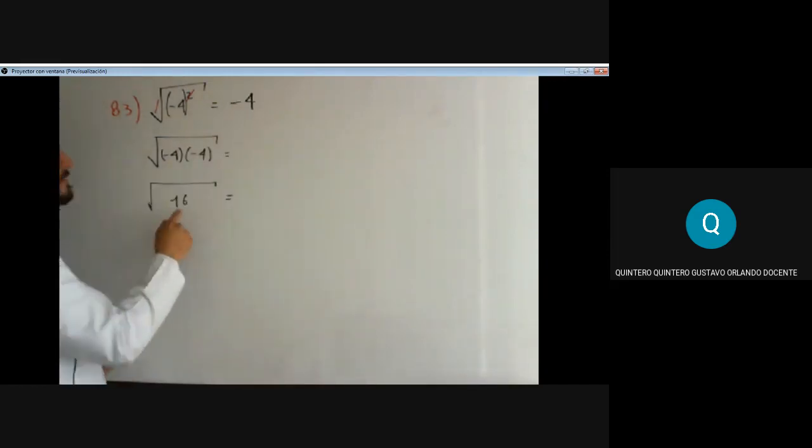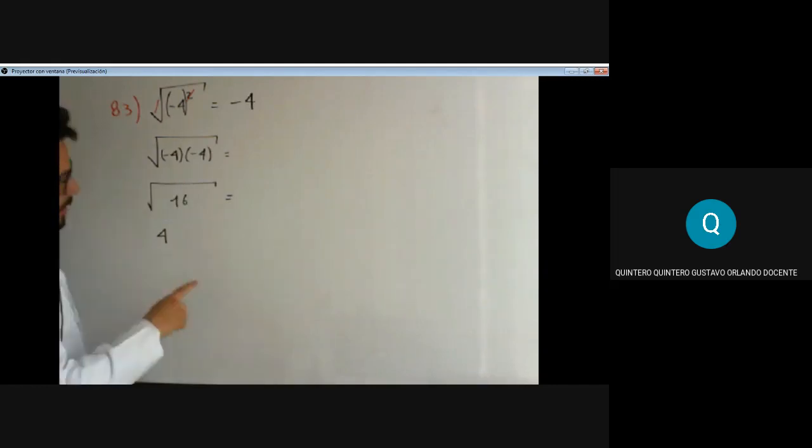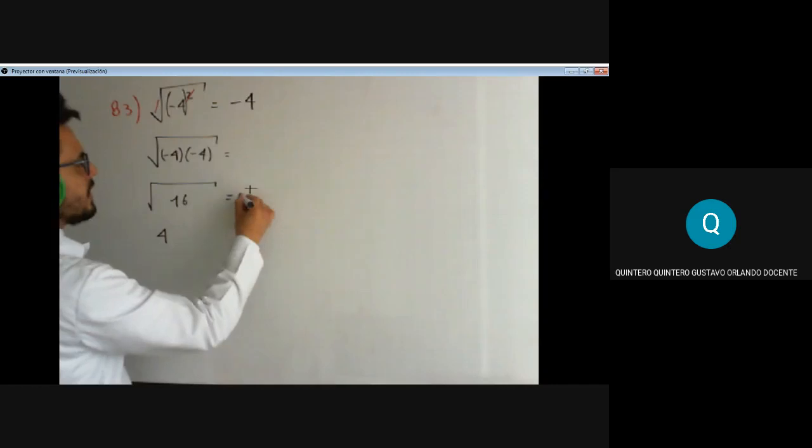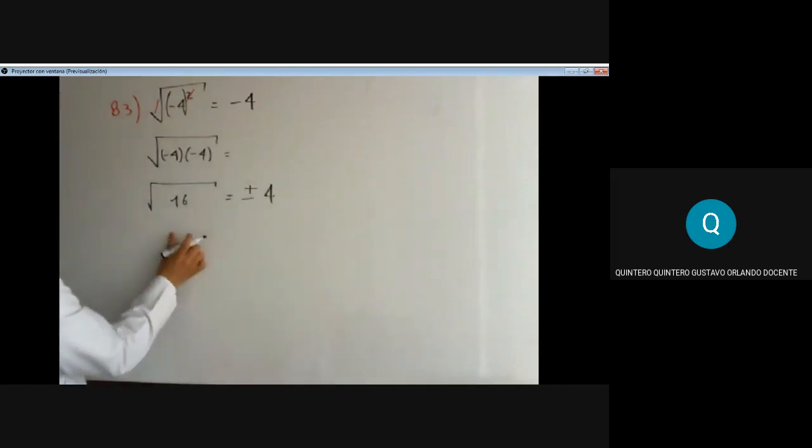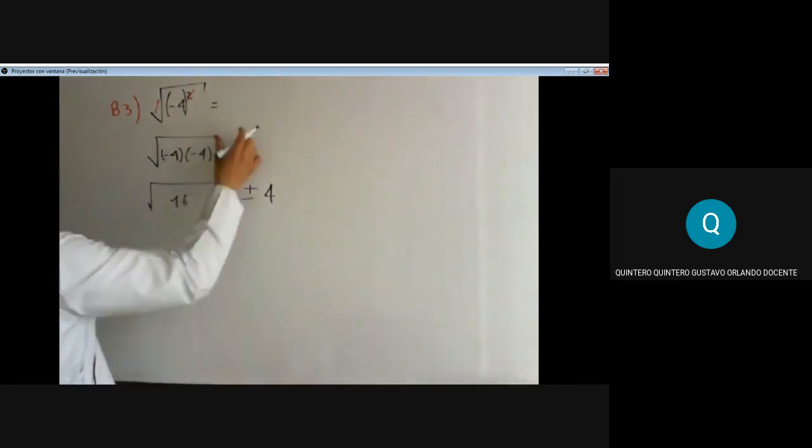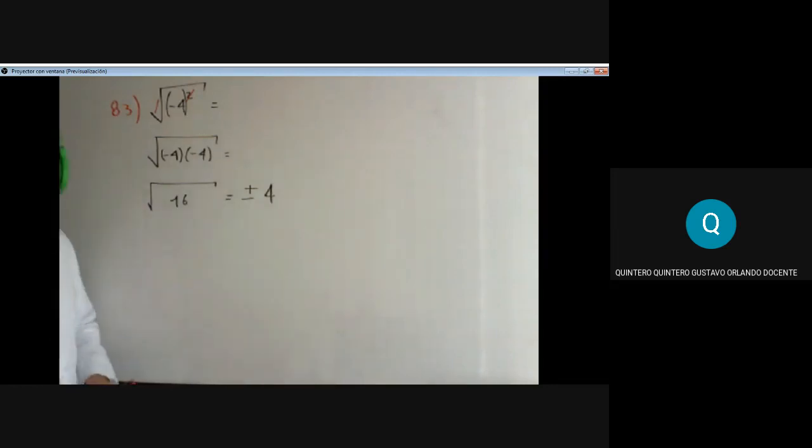So the square root of 16 has 2 possible values, one positive and one negative. In this case, we need to write the solution as positive or negative 4. This will be the real solution, because it has 2 solutions. Is that better, Maria Paz?